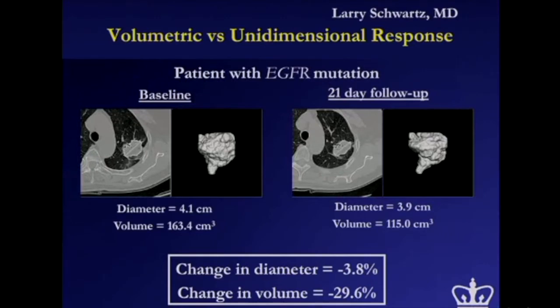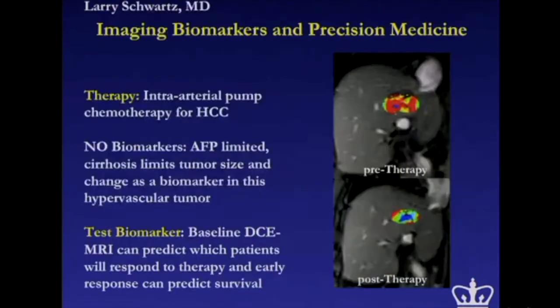In this particular patient, with an EGF receptor mutation, who got a tyrosine kinase inhibitor that's very specific to this EGF receptor mutation, you can see that the volumetric change is a far earlier harbinger of a response than looking at it just in a 2D sense, because in a 2D sense, either the area or the circumference would not be indicative of the degree of response.